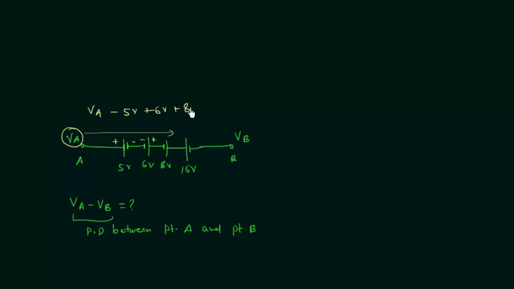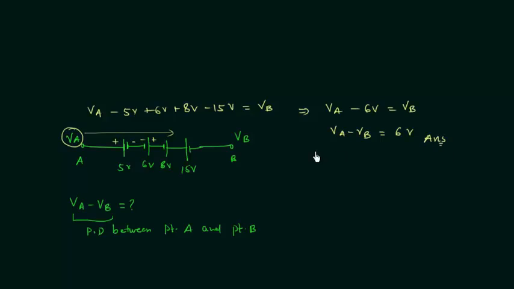After this, we have 8 volts, and the final potential difference is minus 15 volts equal to VB. This is how you have to deal with potential given at points, and now we can easily calculate the value of VA minus VB. When you solve this, you have VA minus 6 volts equal to VB, or we can write VA minus VB equal to 6 volts.